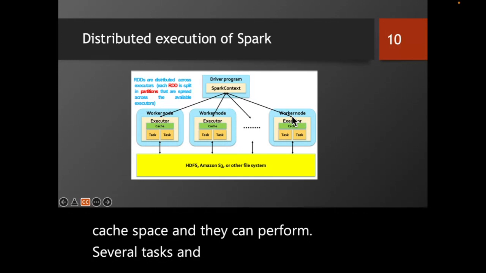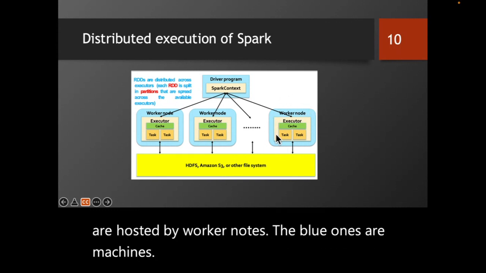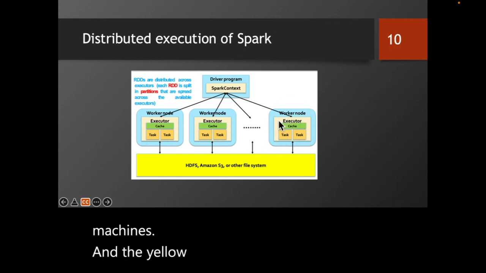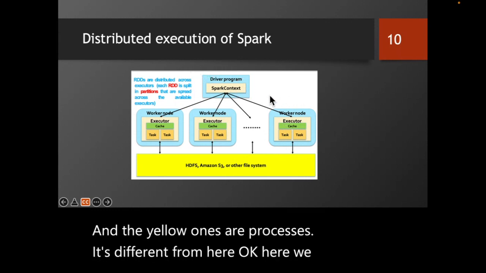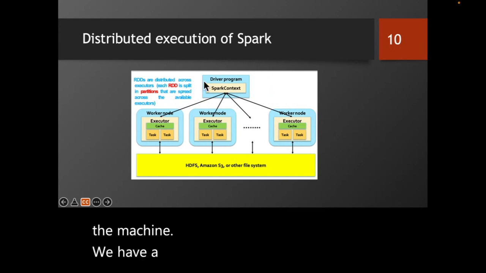Executors are processes that are hosted by worker nodes. The blue ones are machines, and the yellow ones are processes. It's different from here, where we are missing the machine. So here we have a problem.